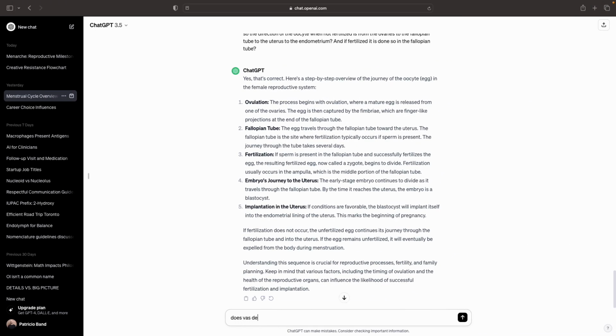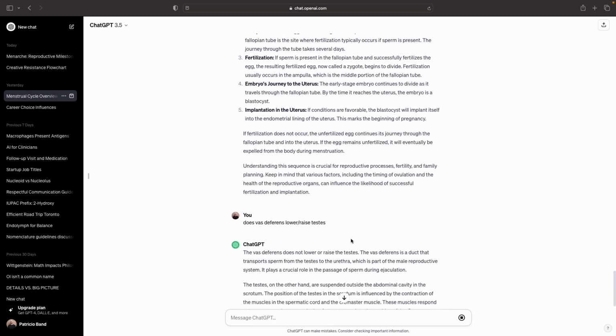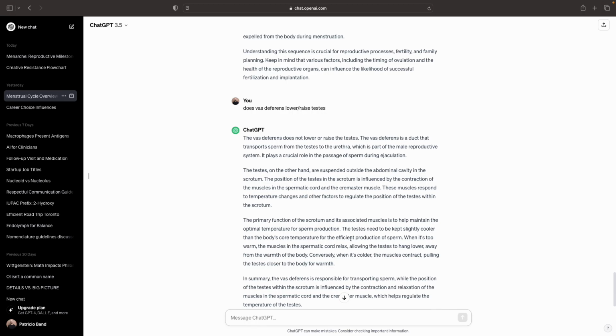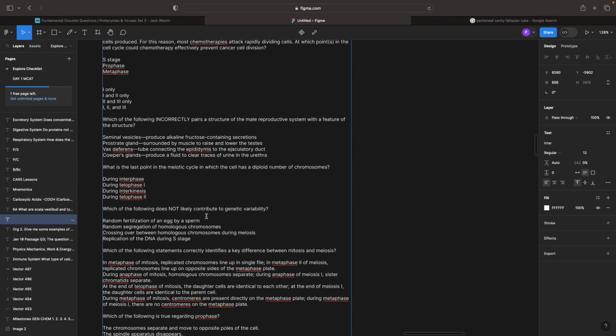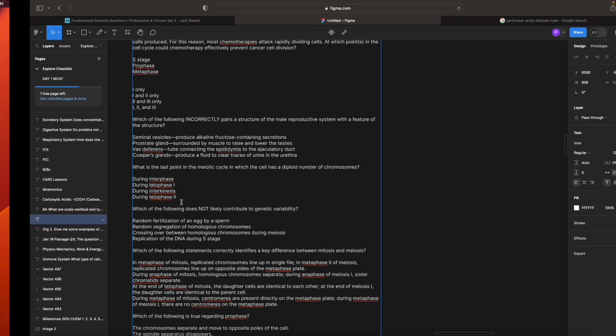Does vas deferens lower, raise testes? Maybe cremaster muscle is more. Does not lower or raise testes. The vas deferens is a duct that transports sperm from the testes to the urethra, connecting epididymis to the ejaculatory duct.